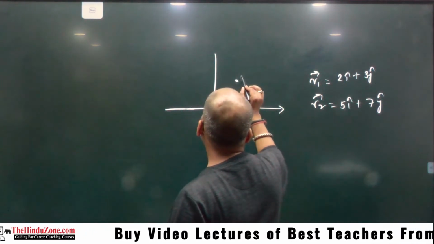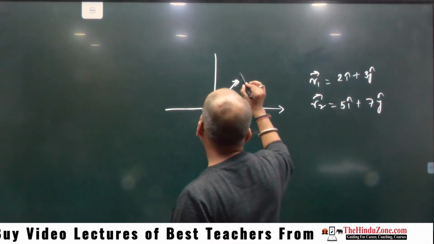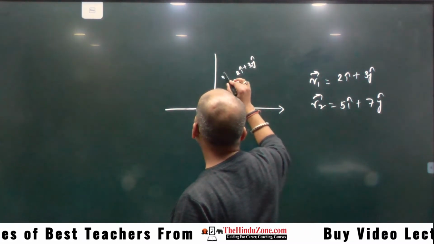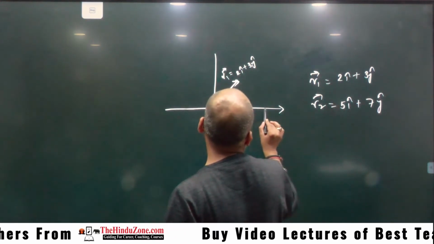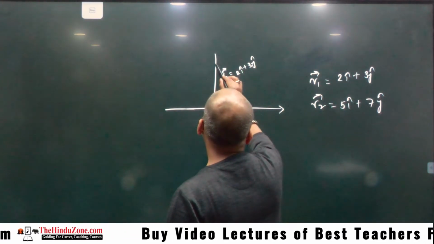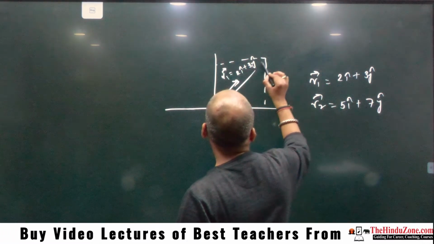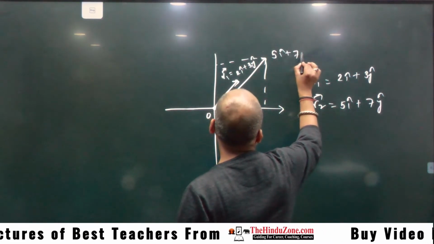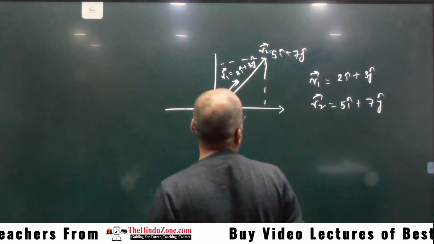So here you have r1, it is 2i plus 3j, and here you have r2, this is 5i plus 7j. Yes or no?